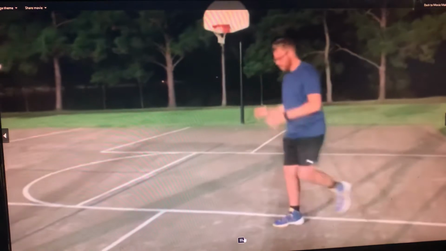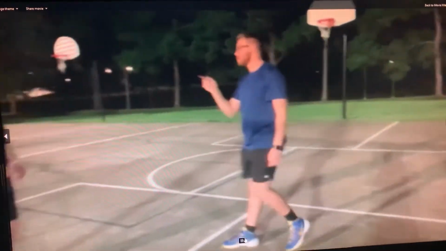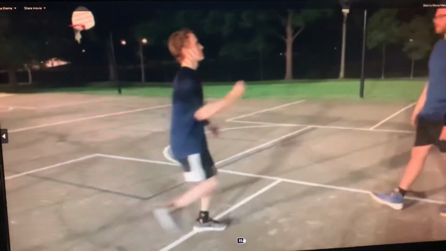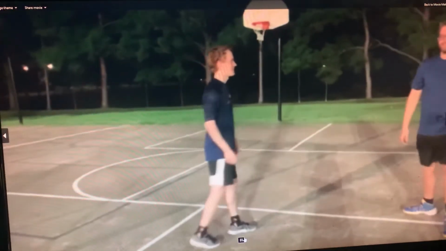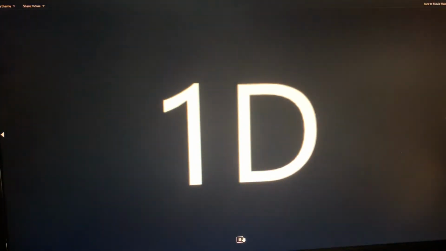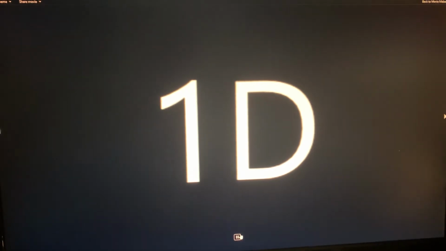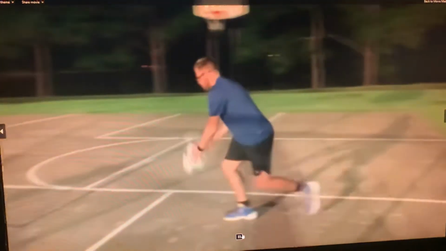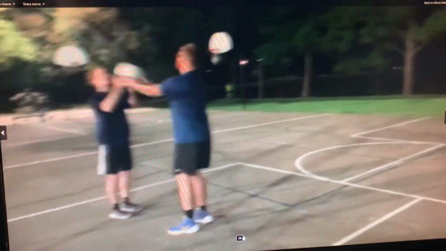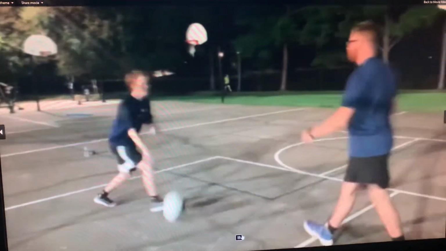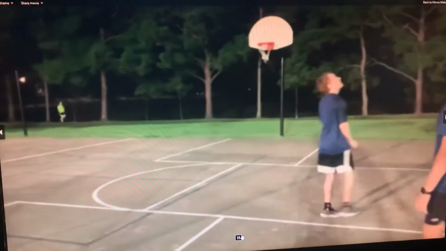During 1C, the player is going to practice the entire layup motion from start to finish without a ball. During 1D, the player is going to practice the entire motion of the layup, but using a ball.